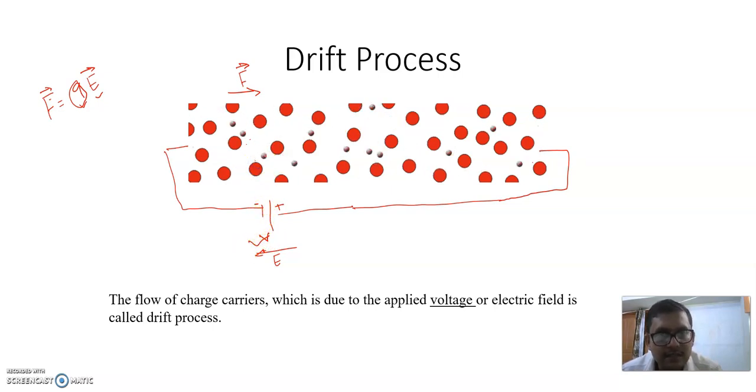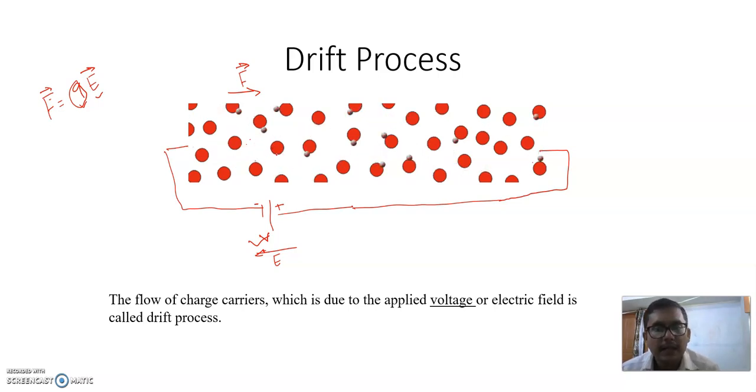That's why this process is called drift process, and the flow of current due to the drift process is called drift current. So there are two types of current in the semiconductor. One is drift current and second is diffusion current. So the flow of current due to the applied external electric field is called drift current.